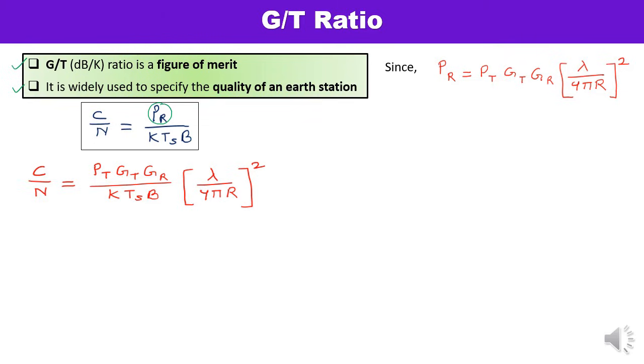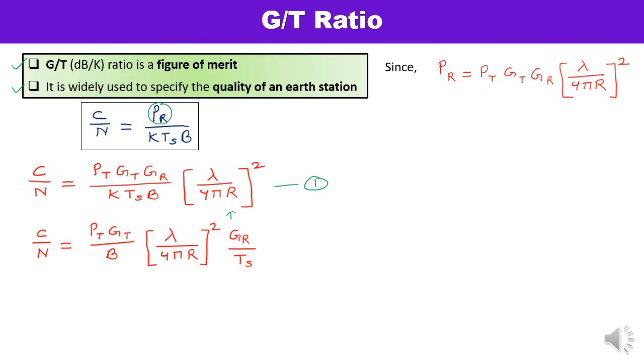In equation number 1, you can observe that for a given satellite, if you are talking about some specific satellite, the values of lambda and r will be constant. The transmitted power and the gain of the transmitting antenna would be known in advance. So we have just rearranged the terms.